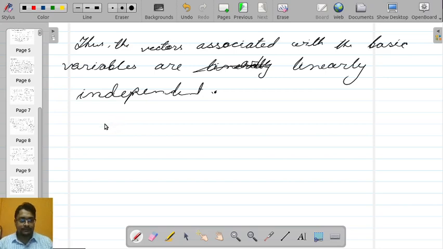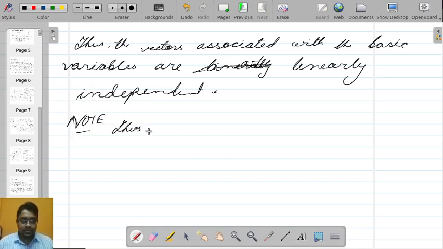Right, so let us write that part also. Thus the vectors associated with the basic variables are linearly independent. Let me write this as a note.